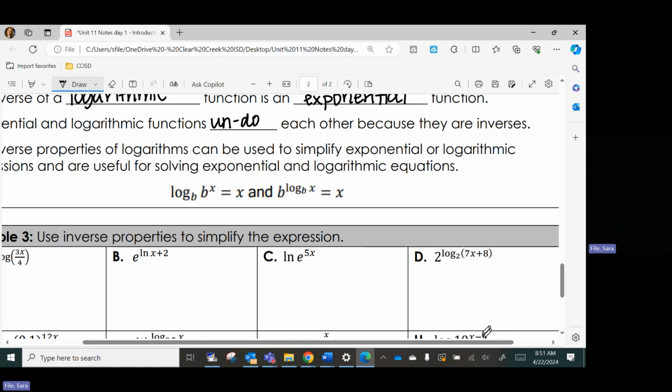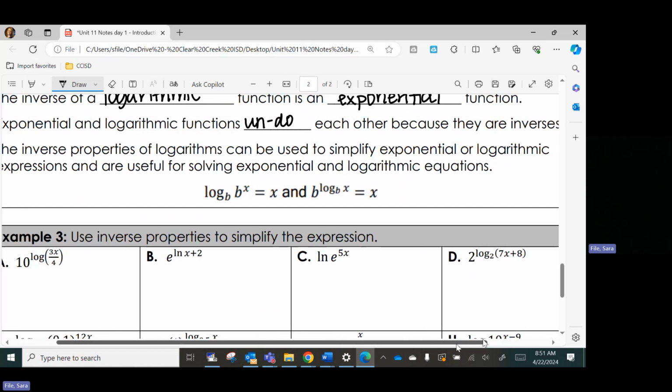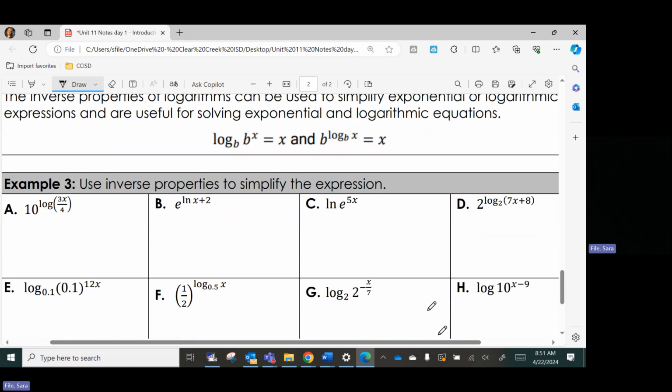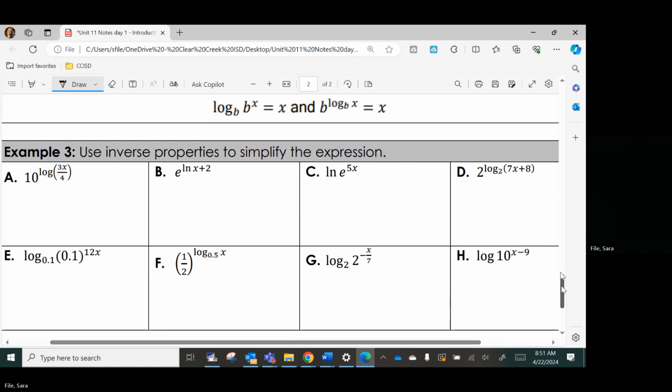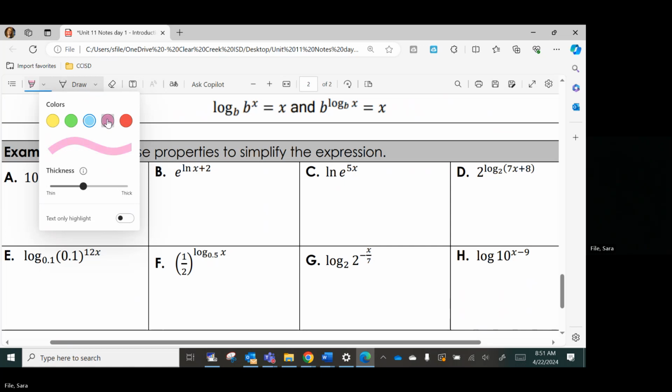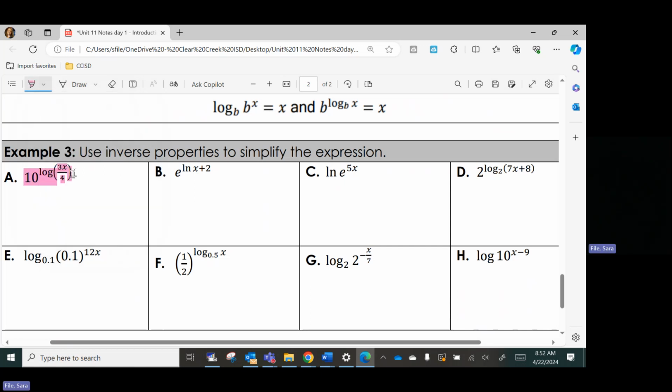So looking at that with some numbers plugged in, look at this first example. This one matches this format over here. You've got a base value raised to a power where the log is in the power and the base of that log matches the base of the exponential, because there's no base on this log.